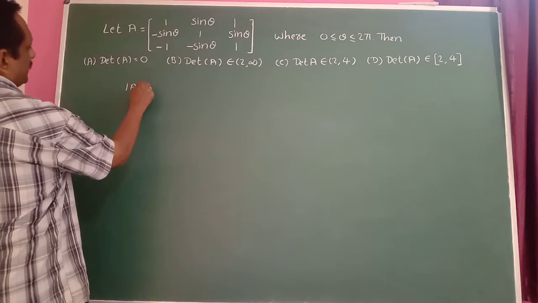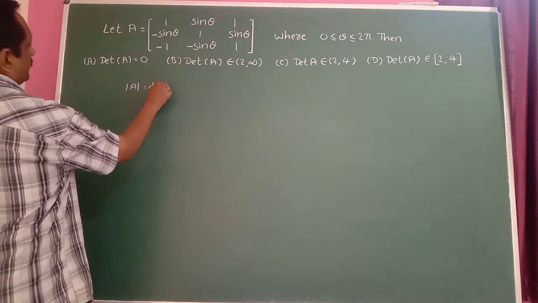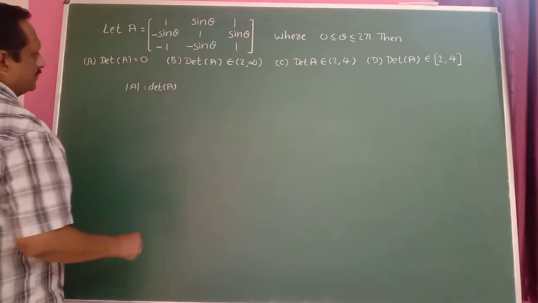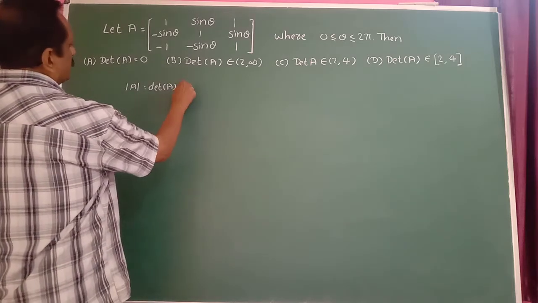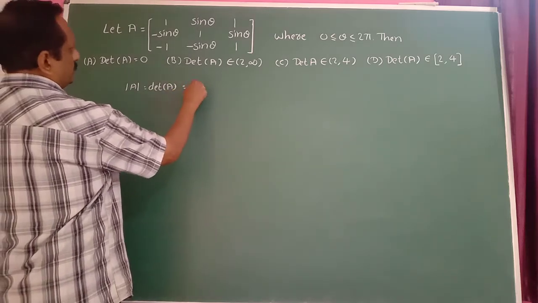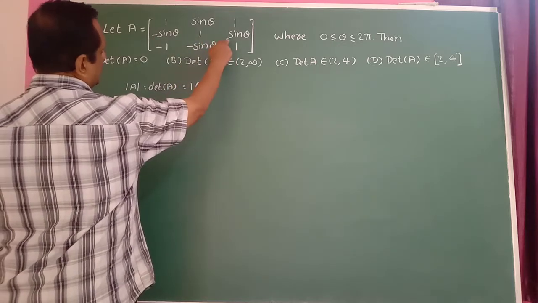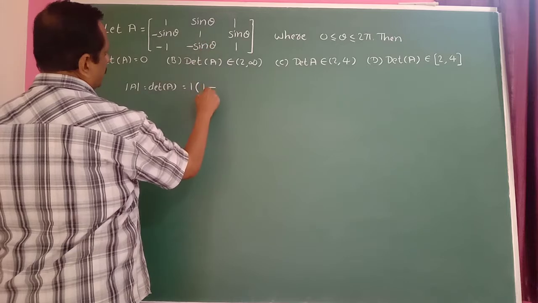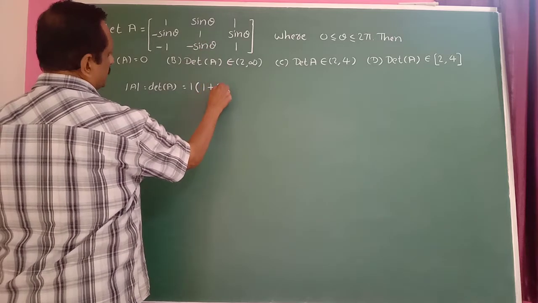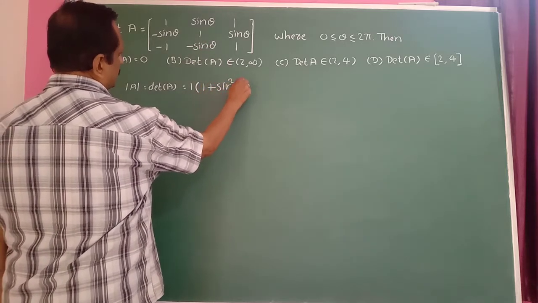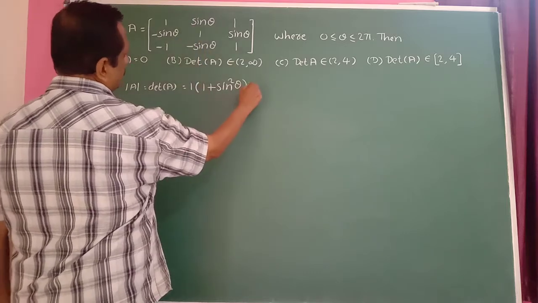So determinant of A can be written in this form also. Therefore, this is equal to 1 into 1 becomes 1 here, minus of sin into minus sin is minus sin square, minus this minus becomes plus, so sin square theta.